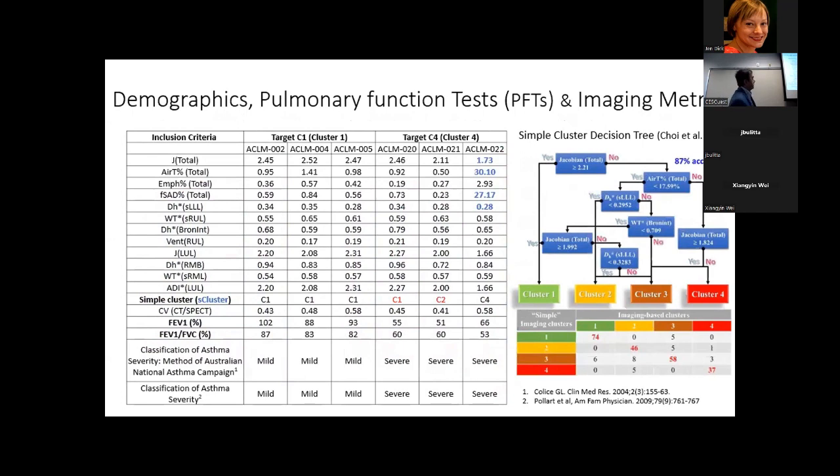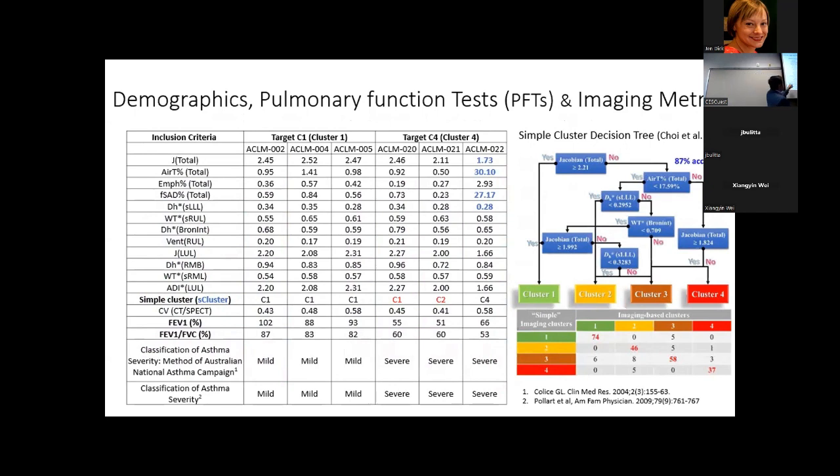So let's look at the 6 subjects that we recruited. Target C1 means we use PFTs, FEV1 or FEV1 over FVC criteria to recruit these subjects. So you can see these 3 subjects versus the other 3 subjects, they are quite different in terms of PFTs.